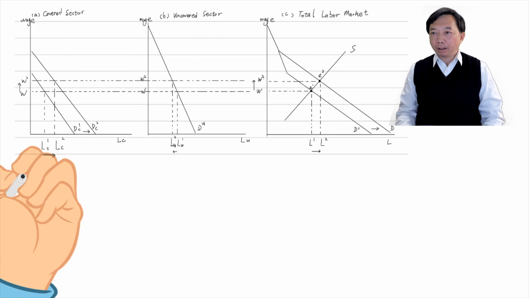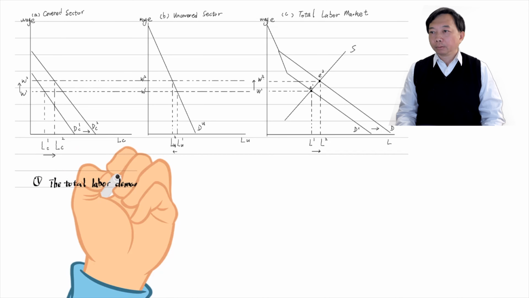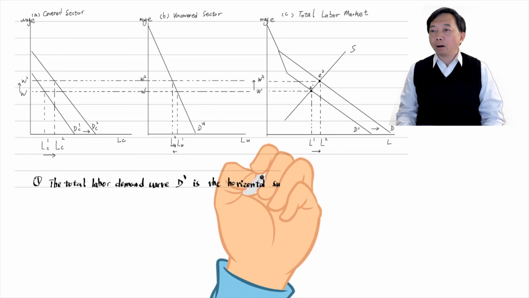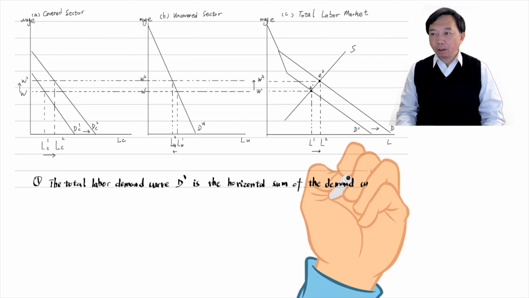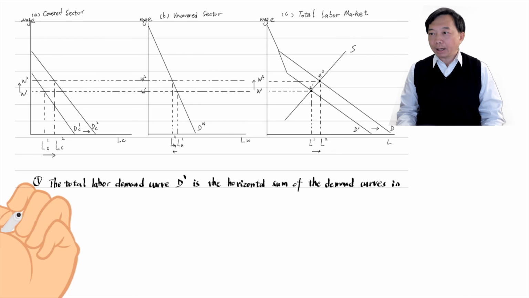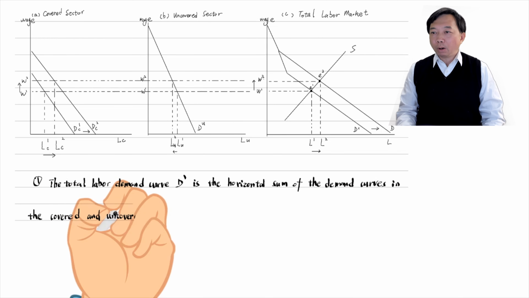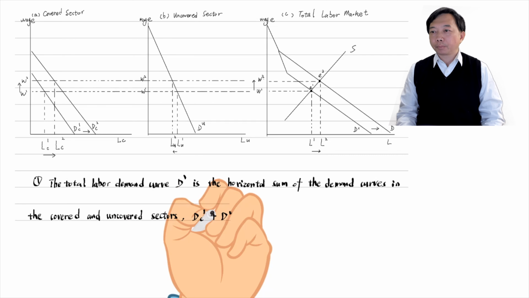The total labor demand curve, D1, is the horizontal sum of the demand curves in the covered and uncovered sectors, DC1 plus DU.